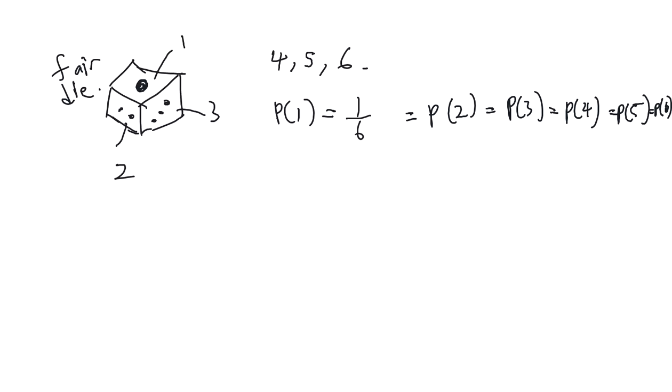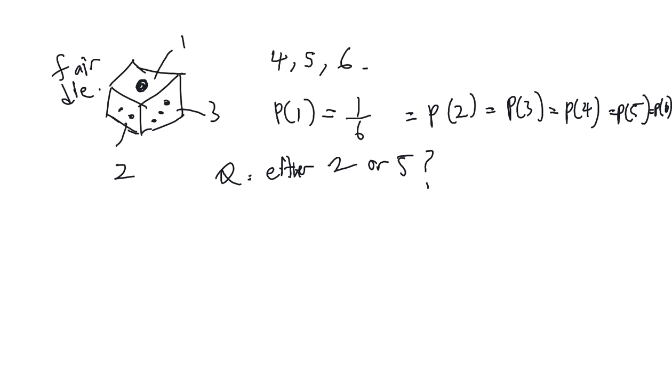Okay, so the question, what is the probability, okay, in a single throw, you throw the die once and then you get either outcome 2 or 5.